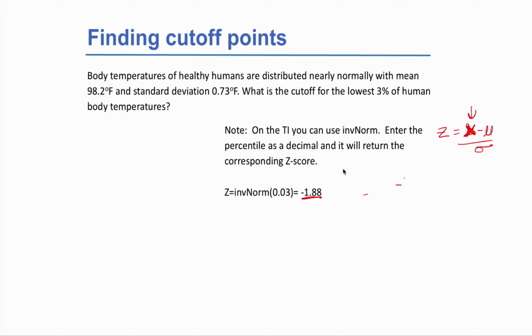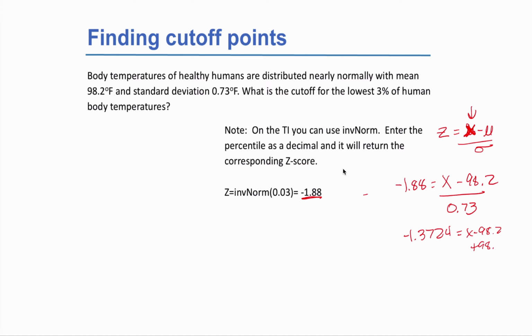So z is negative 1.88. We're solving for x. Mu is 98.2 and sigma is 0.73. Solve this for x. So 1.88 times 0.73 is negative 1.3724 equals x minus 98.2.